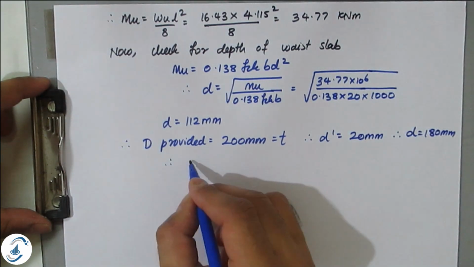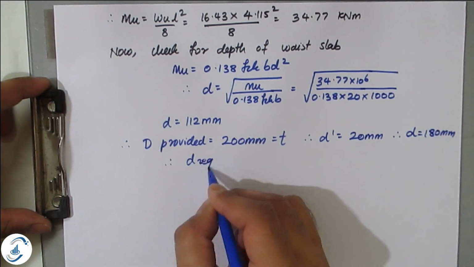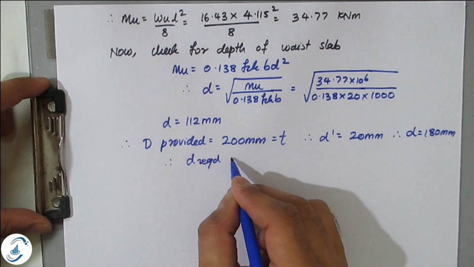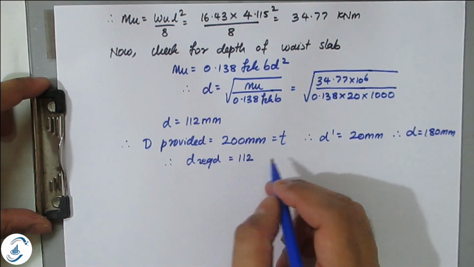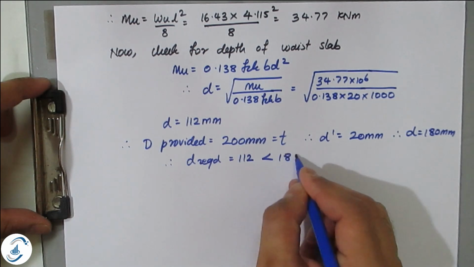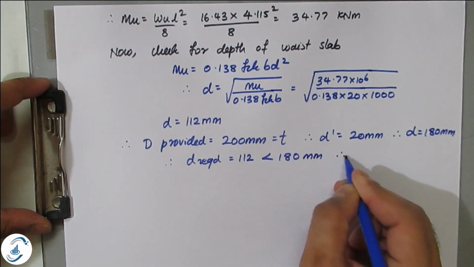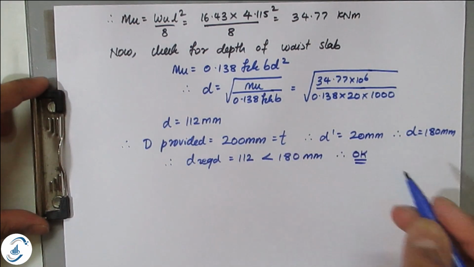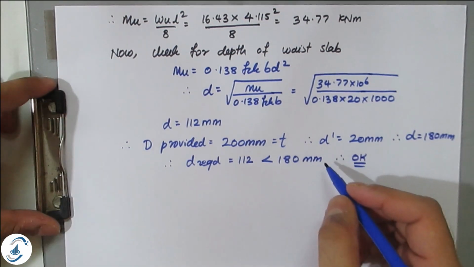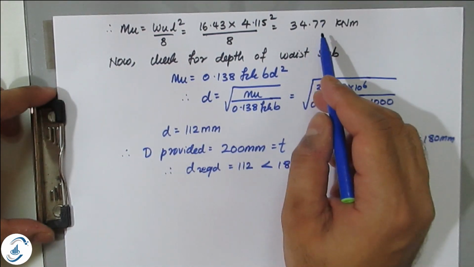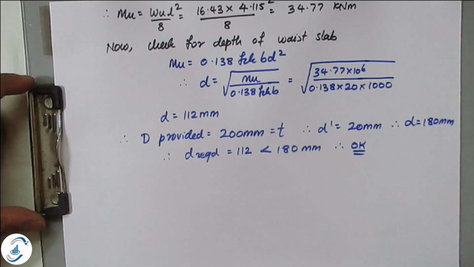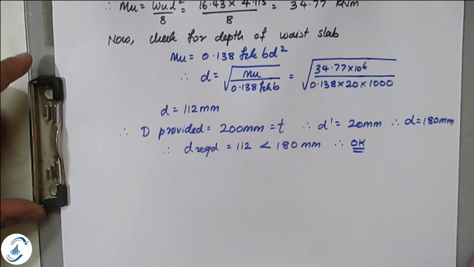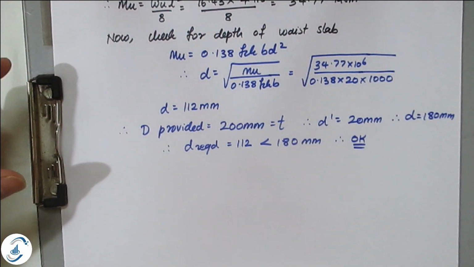Therefore D required is 112 mm, which is less than 180 mm. Therefore the depth whatever we have provided is sufficient to carry the moment of 34.77 kilonewton meter. Once you have checked the D, then you can go for the reinforcement calculation.